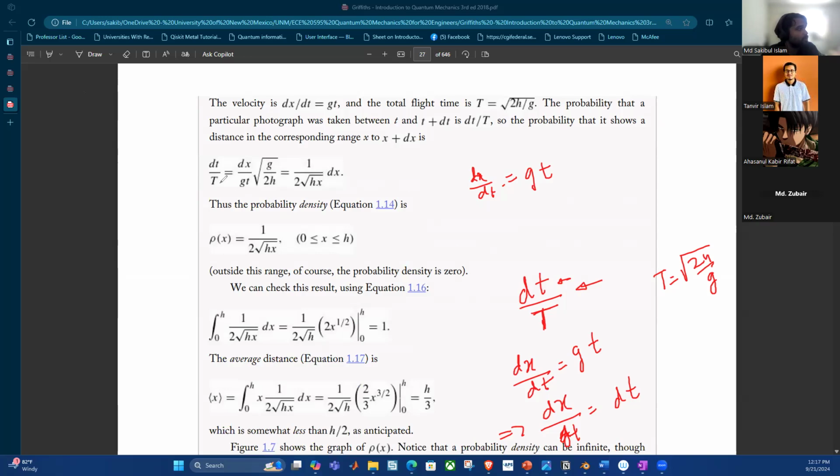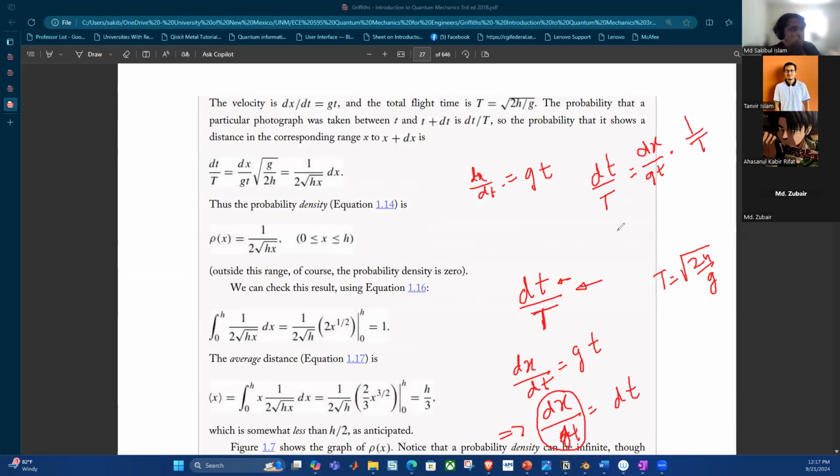Okay, so you are trying to calculate dt over t. Your dt value is dx over gt. That means your numerator, dt, equals dx over gt multiplied by 1 over t.